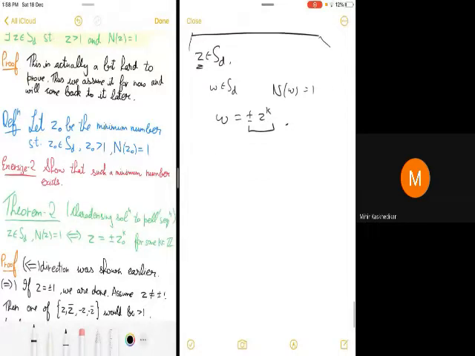No, there exists a single Z naught such that all solutions W, let's just write it.